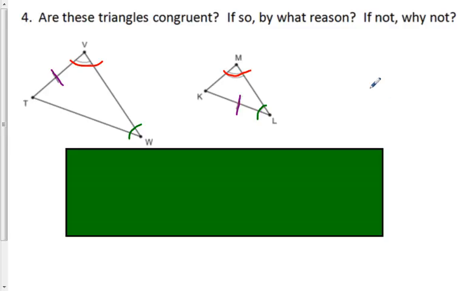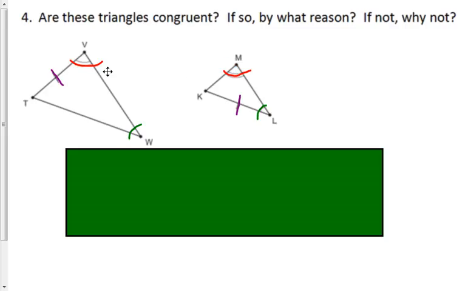So first, we might be tempted to say, yes, they have to be by angle, side. But if you'll notice, in this case, our congruent side is across from the green angle. In this case, our congruent side is across from the red angle. So they don't actually match.